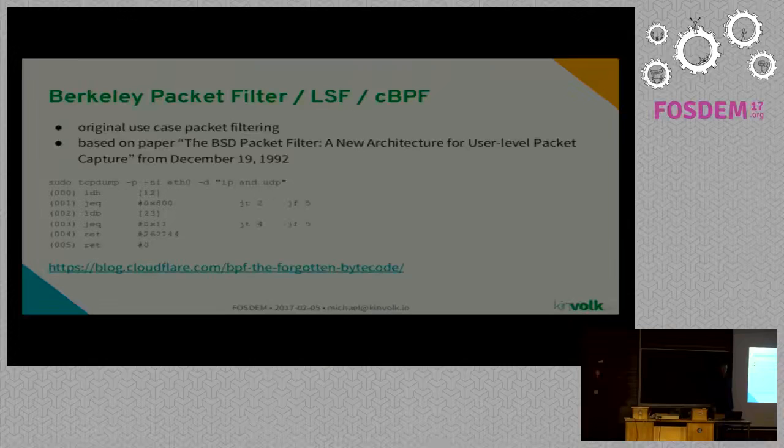In 1992, there was no unified way to filter network traffic, and the BSD packet filter paper brought such a system, which then was implemented for the Linux kernel as well.